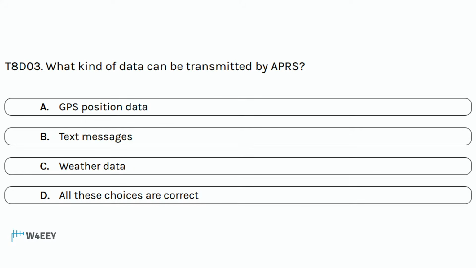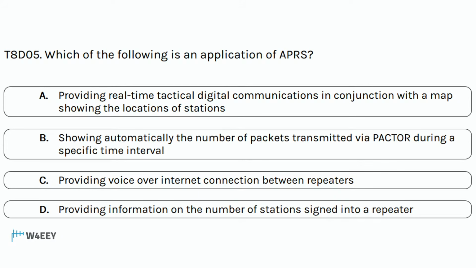And what kind of data can be transmitted by APRS? D. Delta. Yeah, all of those. GPS position data, text messages, and weather data, if you had a weather system connected, all of those. So which of the following is an application of APRS?